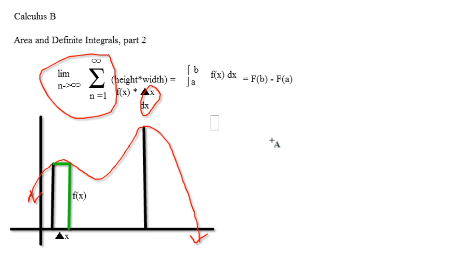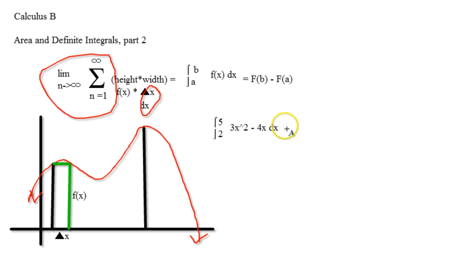So let's say we have the integral from 2 to 5 of, let's say, 3x squared minus 4x dx. Our height is going to be 3x squared minus 4x, and our width is dx.